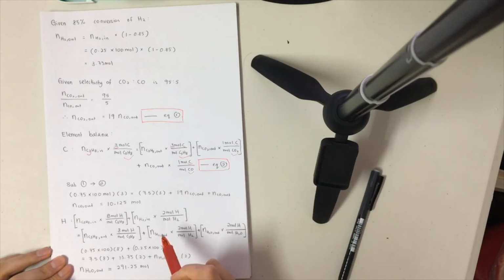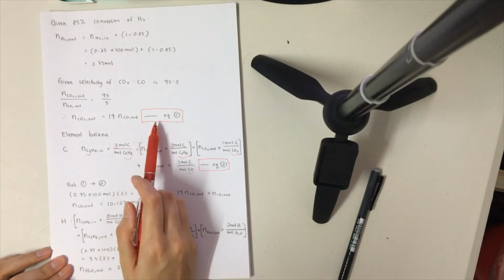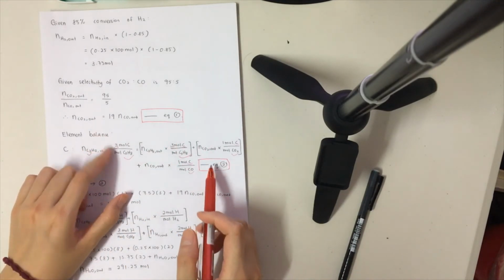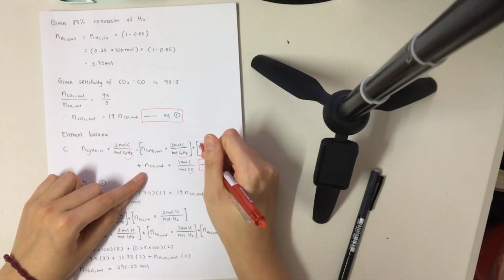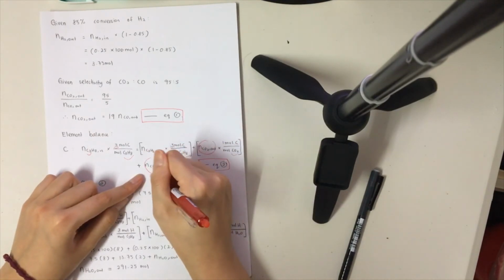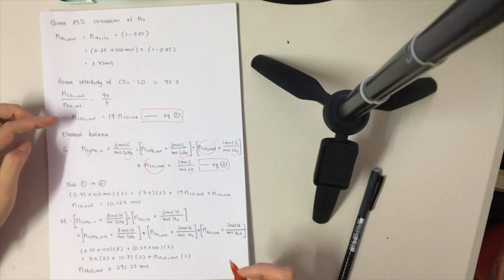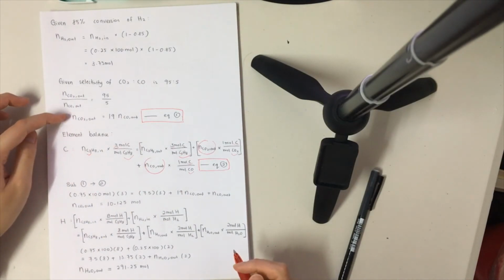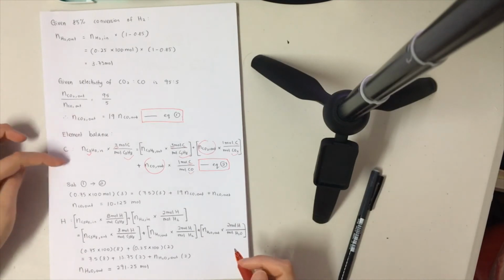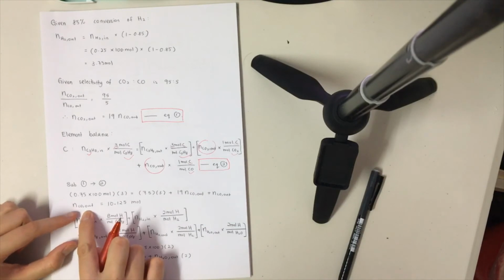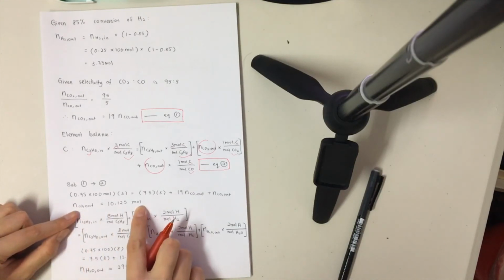Substitute the values in, and also substitute equation 1 into equation 2, because we have 2 unknowns here, this and this. We have 2 unknowns here, but we also have 2 equations, so we can solve this by substituting equation 1 into equation 2. Then you can find the number of CO that comes out.